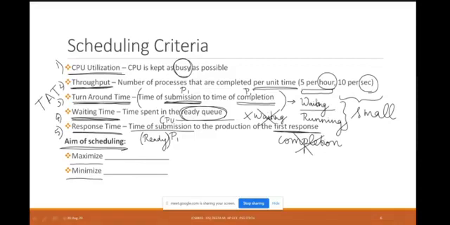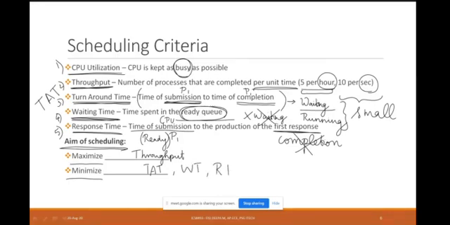Ma'am, maximize throughput and minimize turnaround time. Okay. What about others? Ma'am, minimize waiting time also and response time.